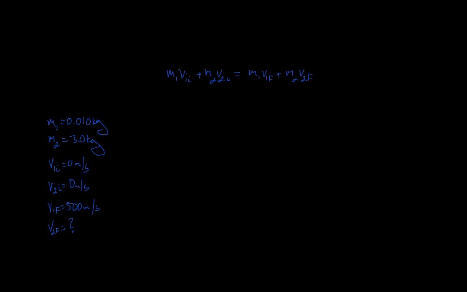Now let's plug in what we've got. The first mass is 0.01 kilograms, and its initial velocity is 0 meters per second. Plus, we've got the 3.0 kilogram rifle times its initial velocity, which is also 0.